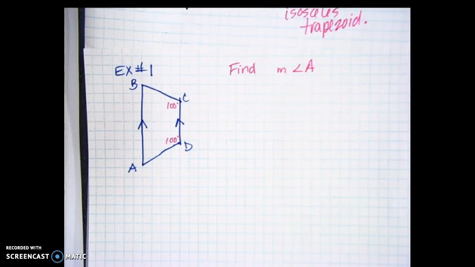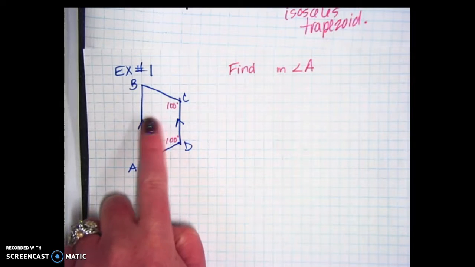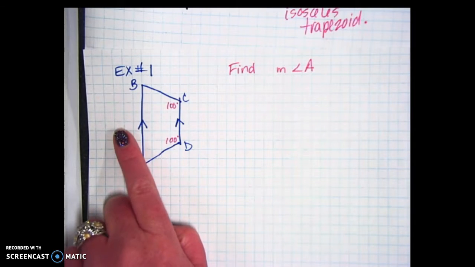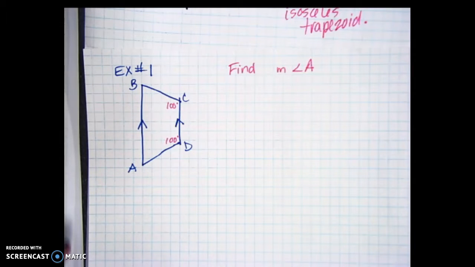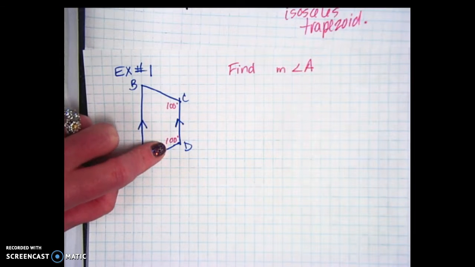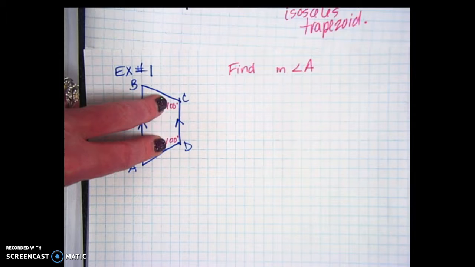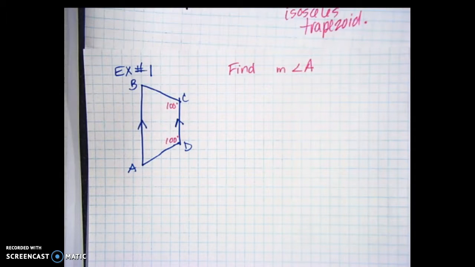All right, so first of all, we know it's a trapezoid because we have the one pair of parallel sides, and we have angle C is 100 and angle D is 100. So if we have one pair of base angles congruent, what type of trapezoid do we have here?